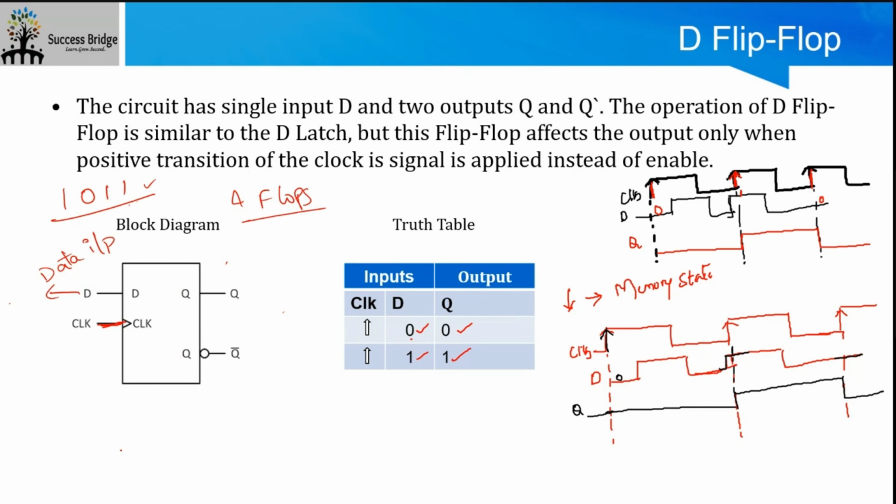So you need one clock pulse to store 1 bit of value. So 1011, the first value, 1, will come to this place when you give one clock pulse.